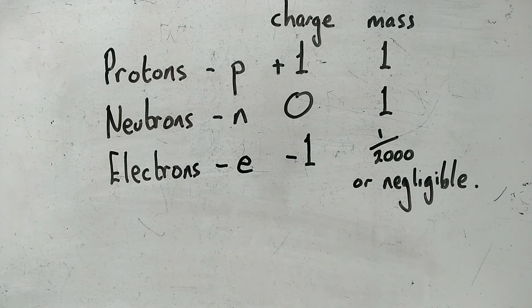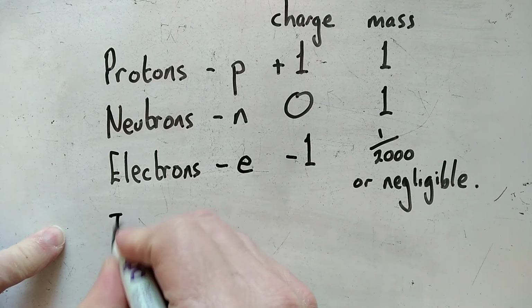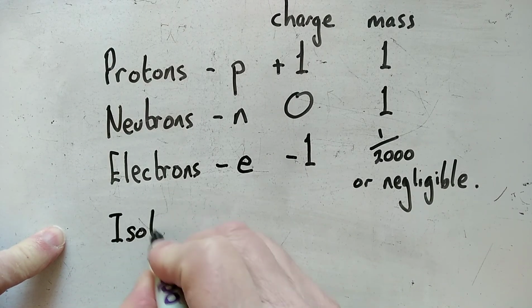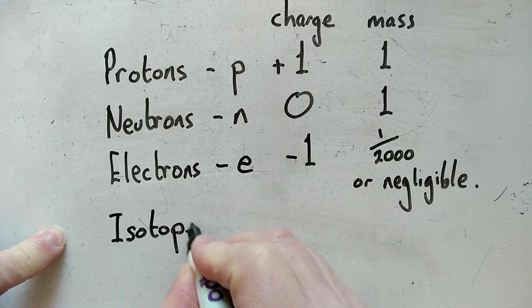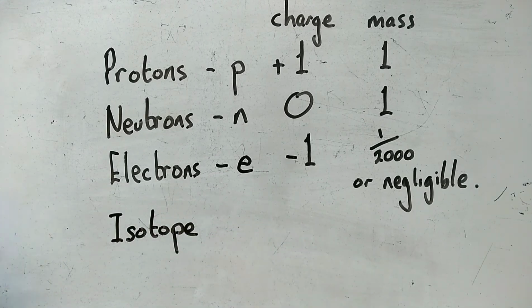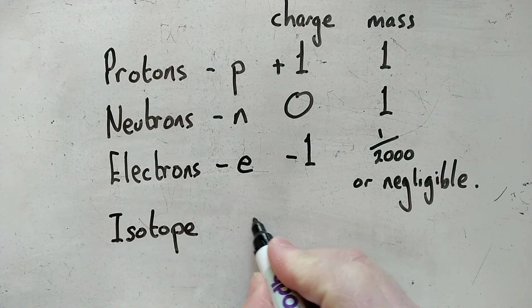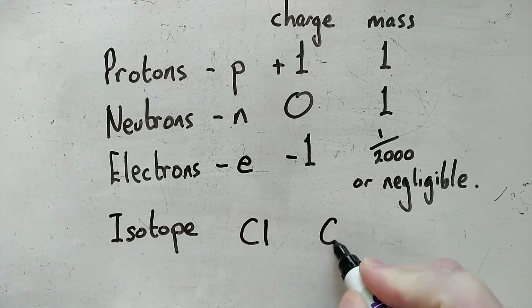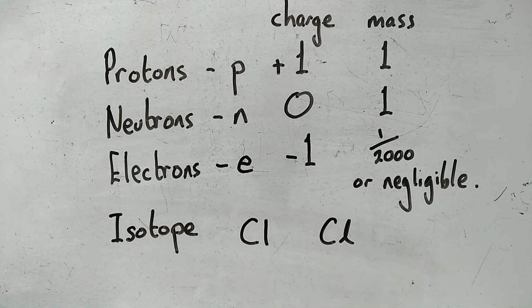The first thing is what the definition of an isotope is. The definition of an isotope is an atom of an element which has a different number of neutrons. So, for example, the classic example that you're usually given is chlorine, and there are 2 types of chlorine atoms.